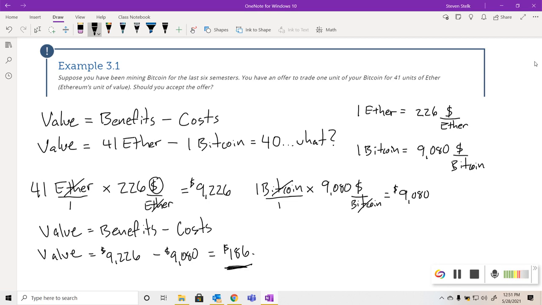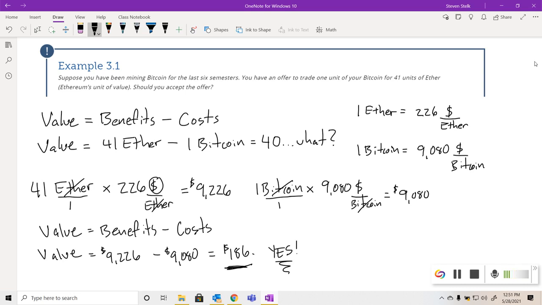So just based on the value of this trade, yes, we should accept it because we are better off by $186.